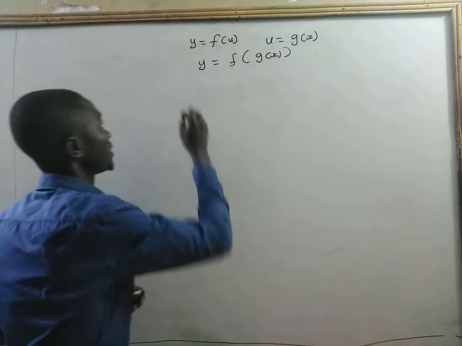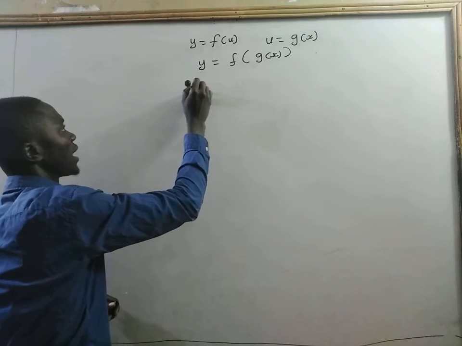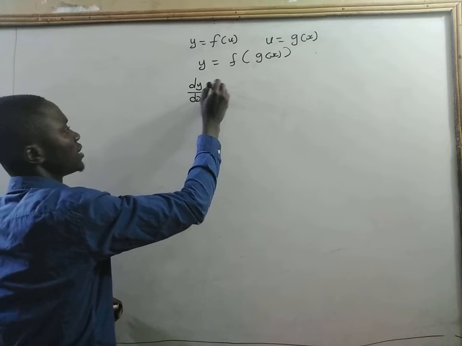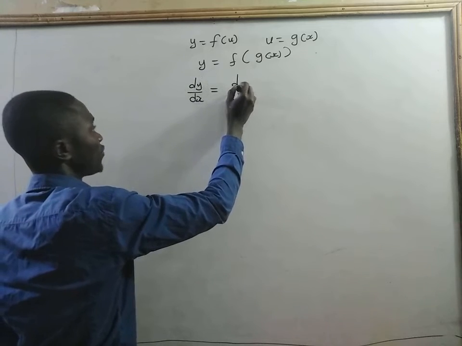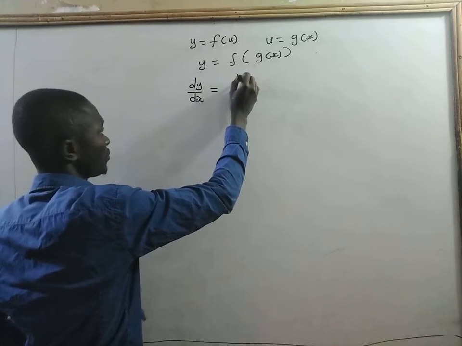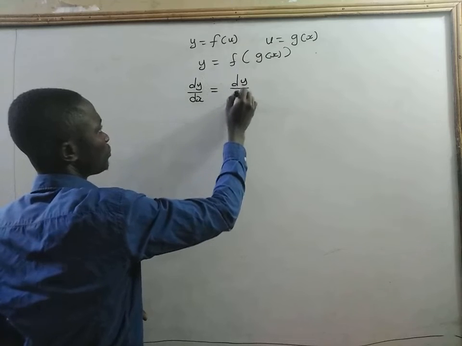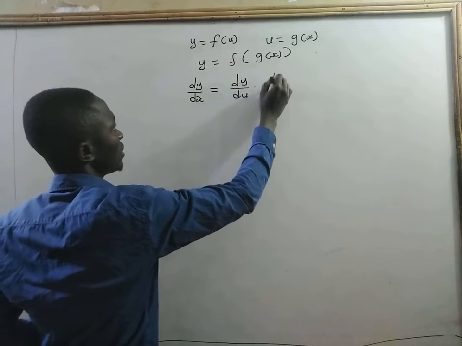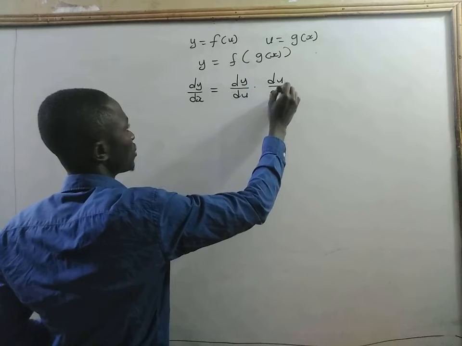If this happens, then the derivative of y with respect to x is equal to the derivative of y with respect to u times the derivative of u with respect to x.